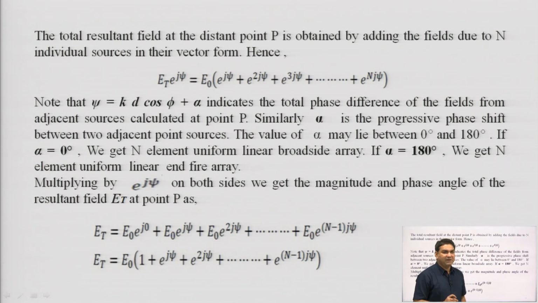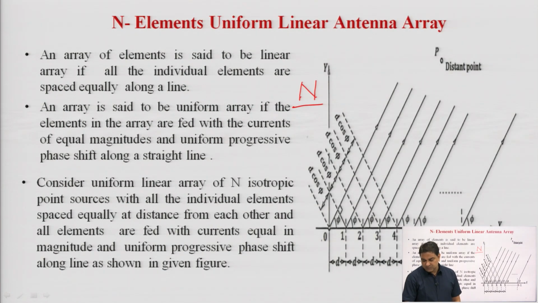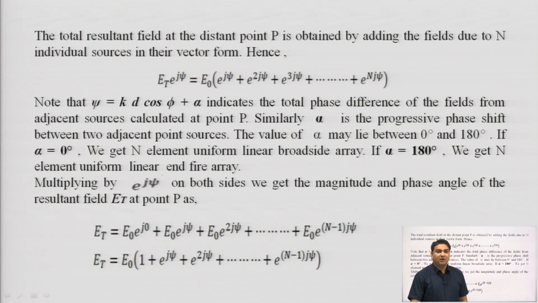It can be written like this, where ET is the overall field strength, and here we have multiplied the factor e to the power j psi with this resultant field strength ET.